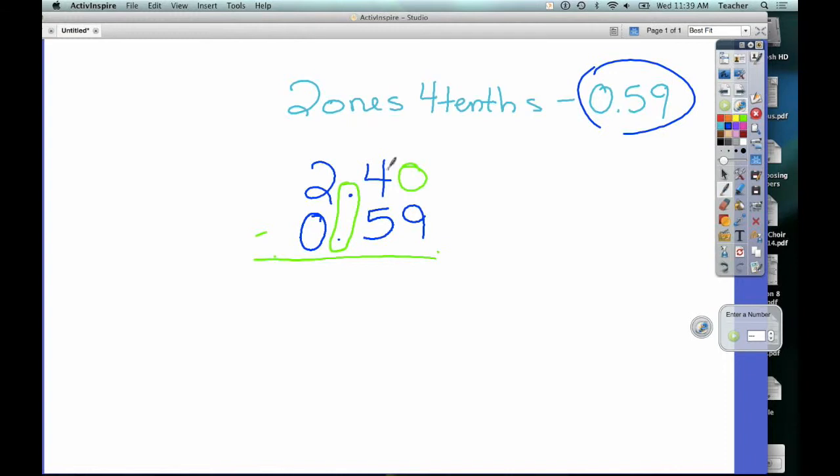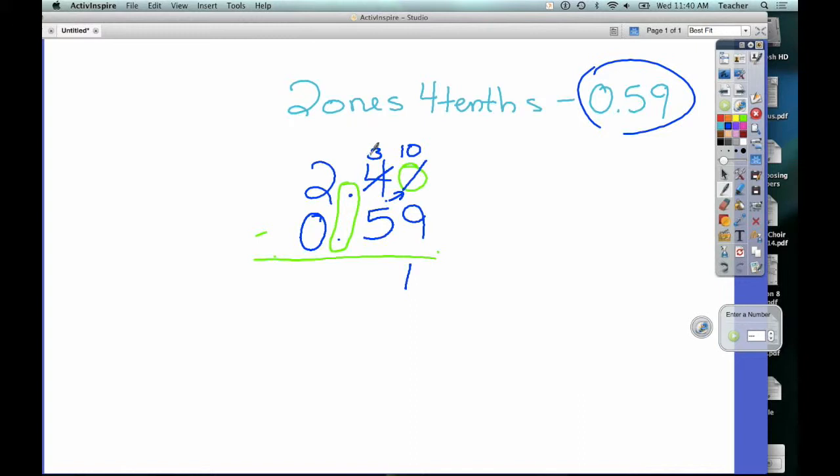If I borrow one whole of these, how many total did I just borrow? I borrowed 1 from here, but how much would that be in this column? 10. So if you're getting confused, just ask yourself, what's 10 plus 0? 10, right? So 10 minus 1, everybody? 1.